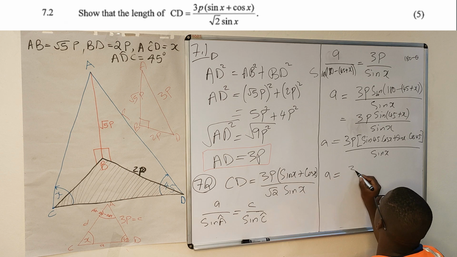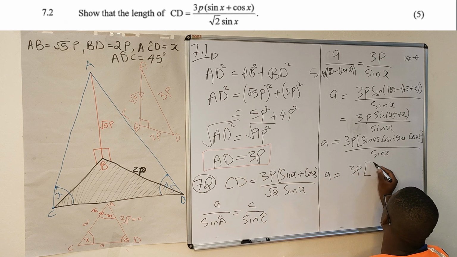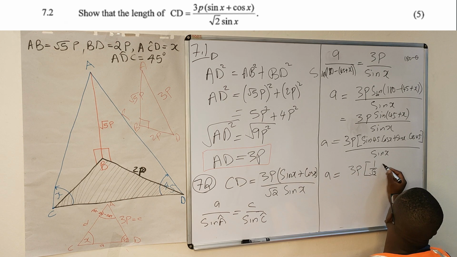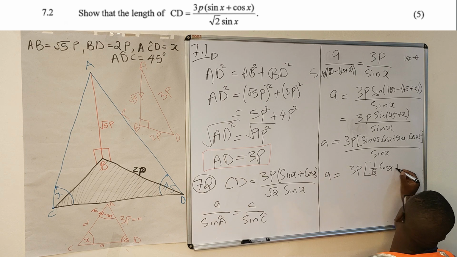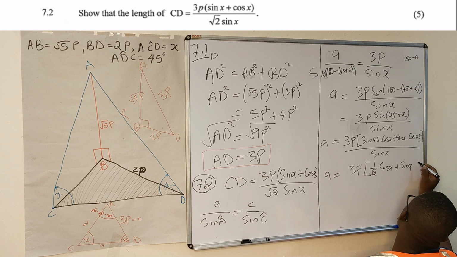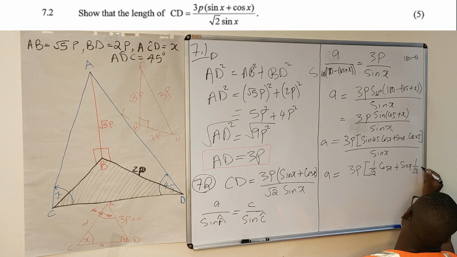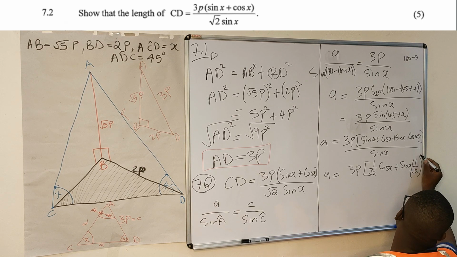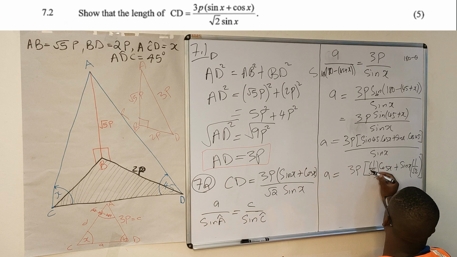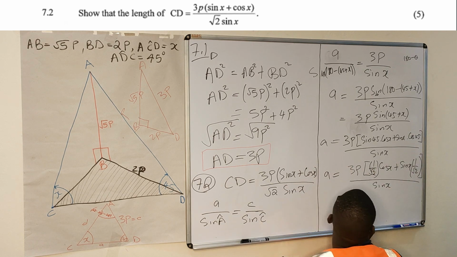A is equal to 3p, 1 over root 2 cos x plus sine x 1 over root 2, all over sine x.